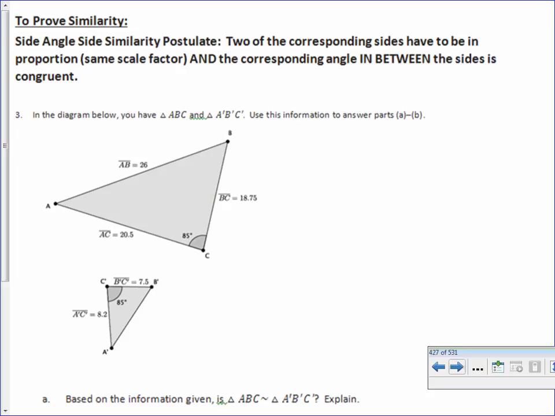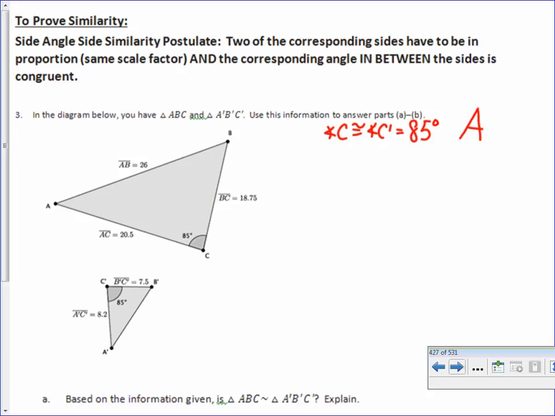I'm not on the coordinate plane. Let's look for angle, angle similarity. And I already know that I do have angle C is congruent to angle C prime. That gives me an angle, which is 85 degrees. And unfortunately, I don't have any other angle measures to look at.